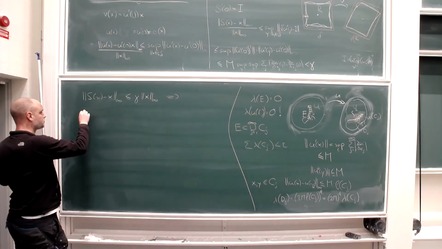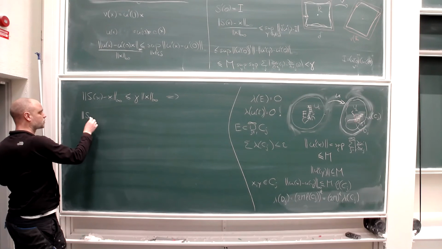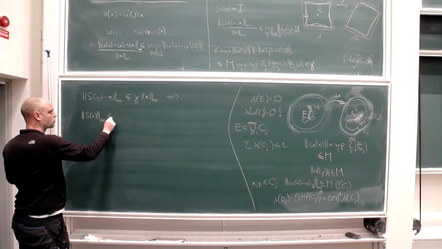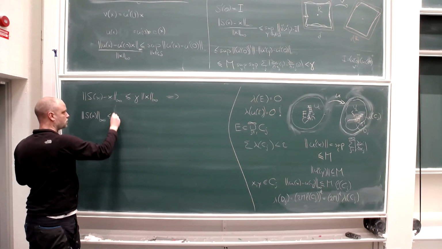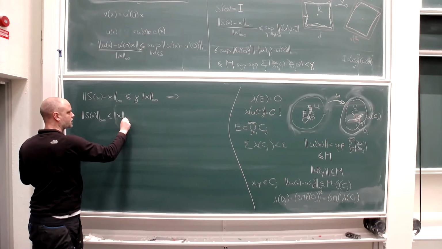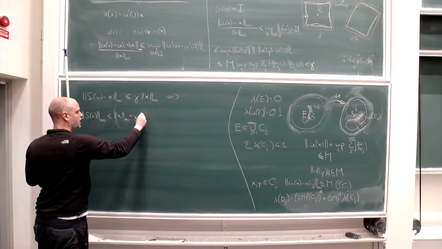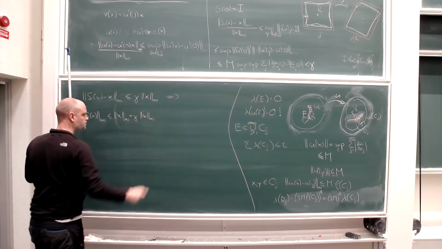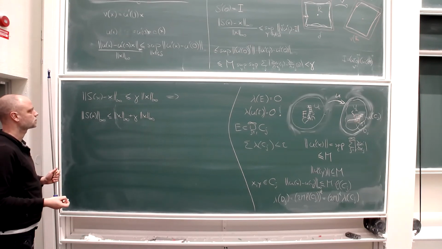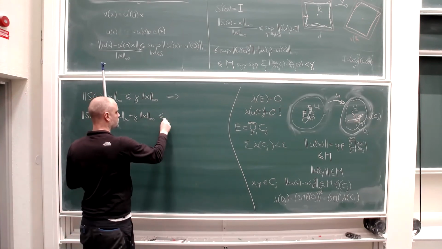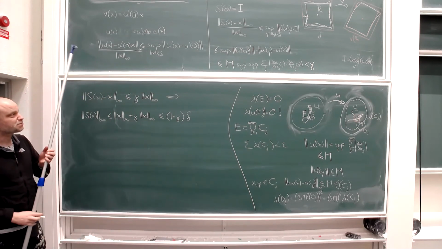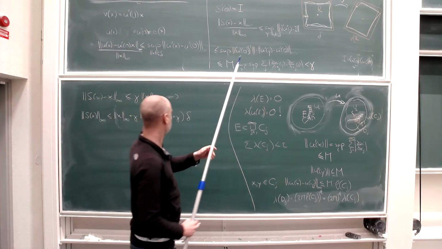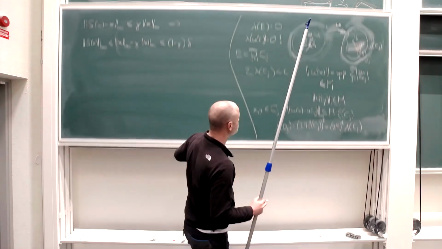In other words, using the triangle inequality, S of x in the infinity norm is less than or equal to the infinity norm of x plus gamma times the infinity norm of x. And this is precisely what I wanted.